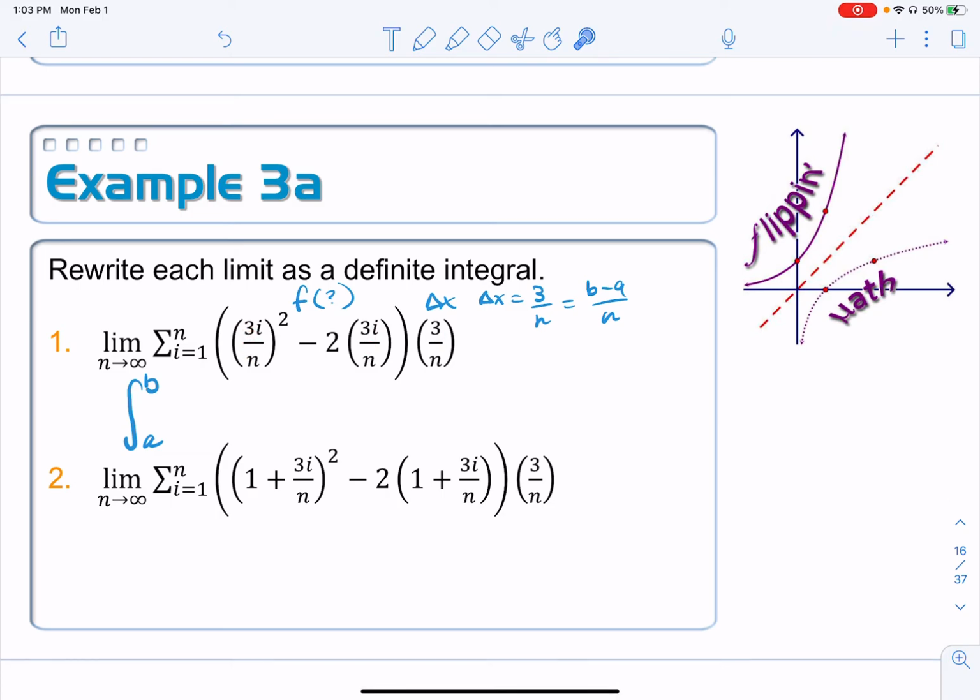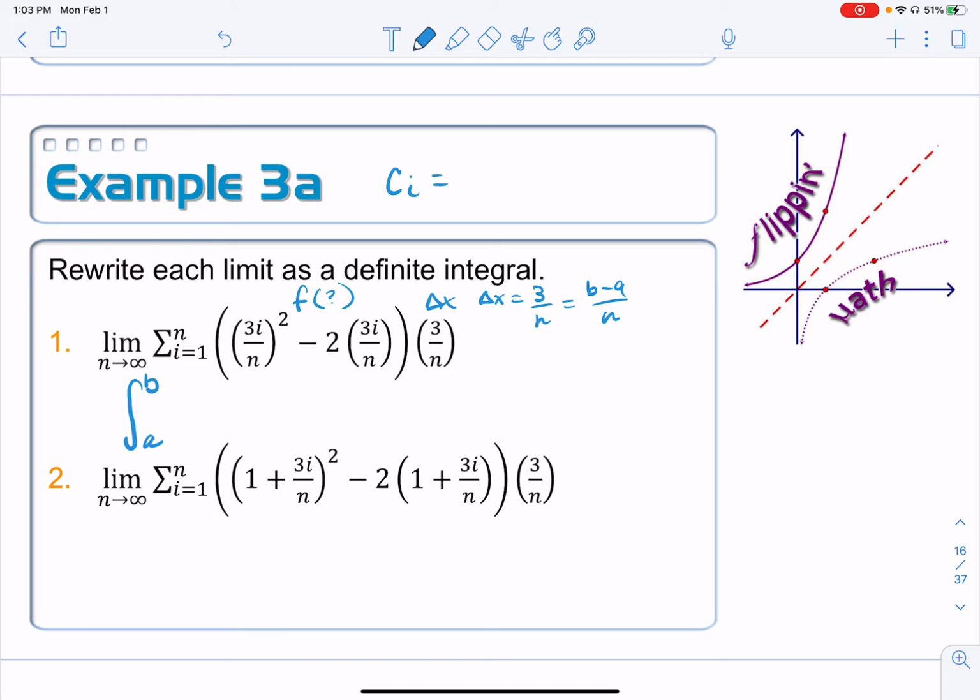Starting from where? Well, look at the one that's right down below here. Here's our width, just like before, but this one is not simply just multiples of the width. It's starting with some 1 value here. Okay, and the reason is that, in general, your x sub i, or as we defined it in a previous slide, c sub i, that's the number that you're going to plug into your function in order to find the height of your rectangle, which could be the left, the right, the midpoint, or any point on your subinterval.